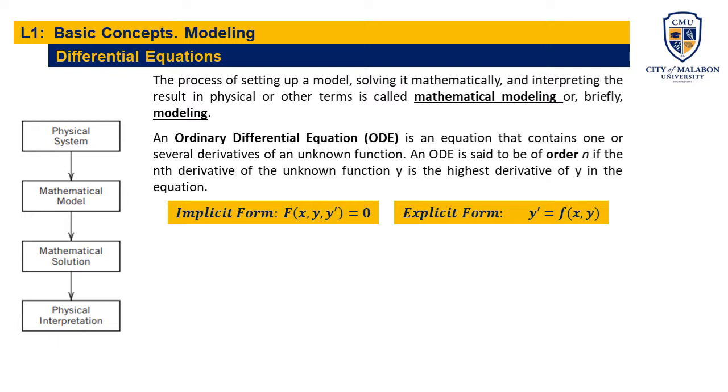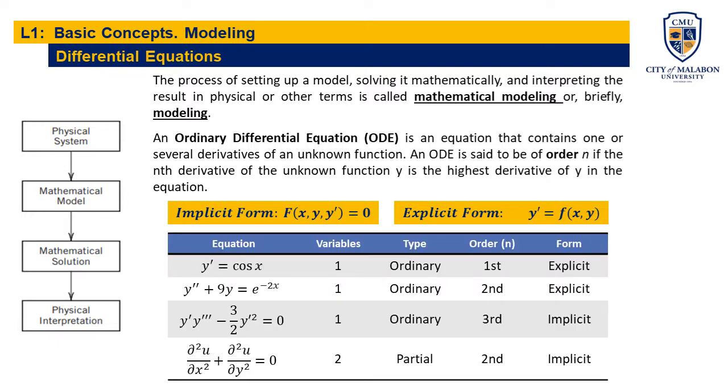On the left side, usually we have y prime and then a function of x and y on the right side. Again, an ODE is said to be of order n if the nth derivative of the unknown function y is the highest derivative of y in the equation.